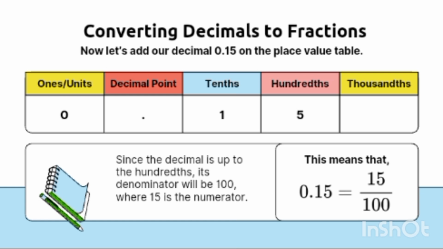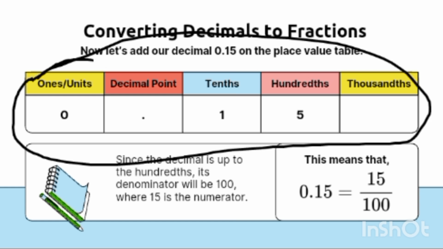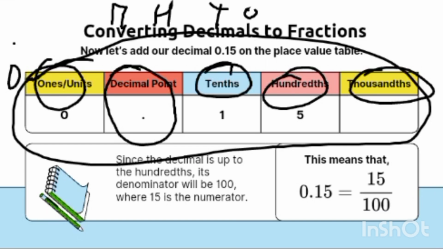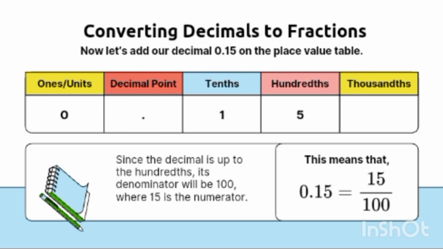Now if you notice in the place value table, this is the decimal point, then we have tenths, hundredths, thousandths, and before that we have ones, tens, hundreds, and many more. These are the whole numbers. The numbers before the point are whole numbers.